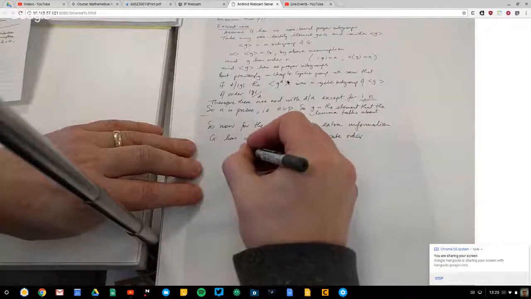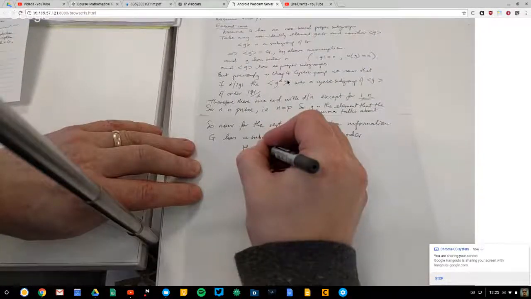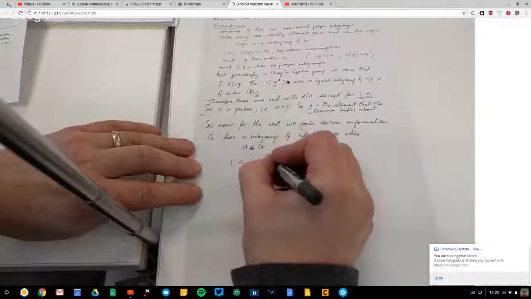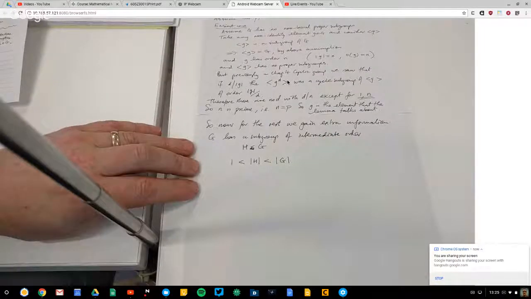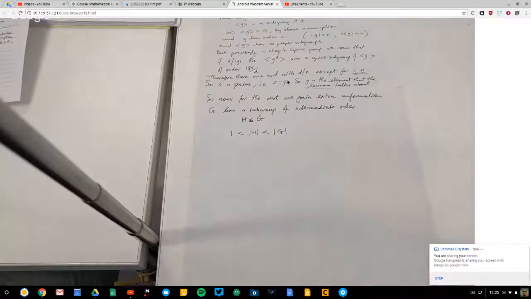So we have H being a genuine subgroup of G, and it has some non-trivial order, but it's not all of G. So this is extra ammunition for us for proving the rest of the cases.